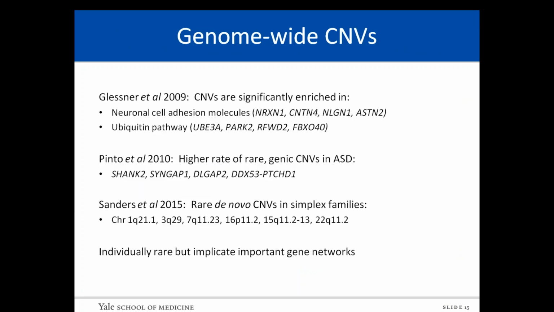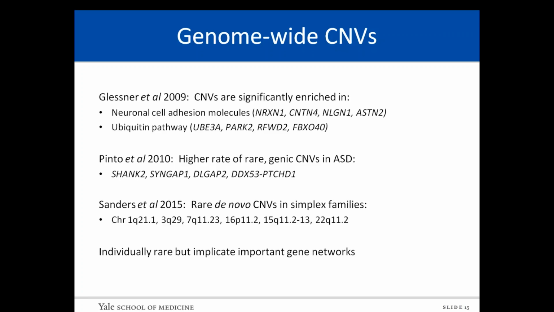So a number of genome-wide CNV studies have been done in autism. A group a few years ago found that copy number variants are significantly enriched in certain gene families, certain pathways in autism. Basically, the genes affected by CNVs are found in maybe one or a couple of families, so they're rare causes of autism.